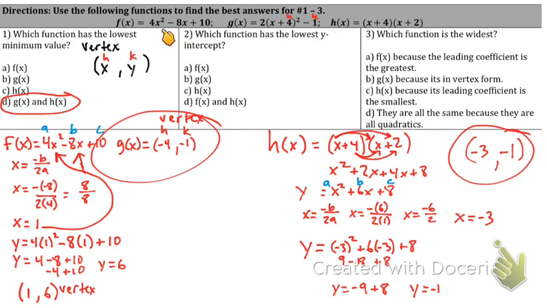The y-intercept for f of x: if I plug in 0, 0 squared is 0, 0 times 4 is 0, so this turns into 0. 8 times 0 is 0. So all this is 0. What I'm left with is the y-intercept of 10. So f of x has a y-intercept equal to 10.